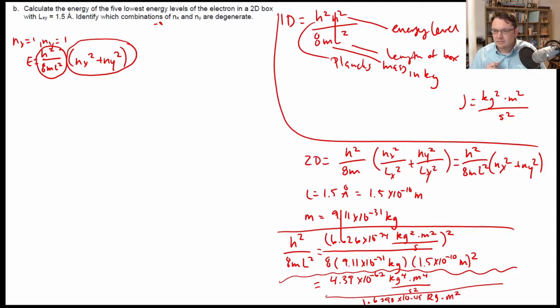Something is missing. Did I forget to square something? In terms of units, oh wait, I'm off.